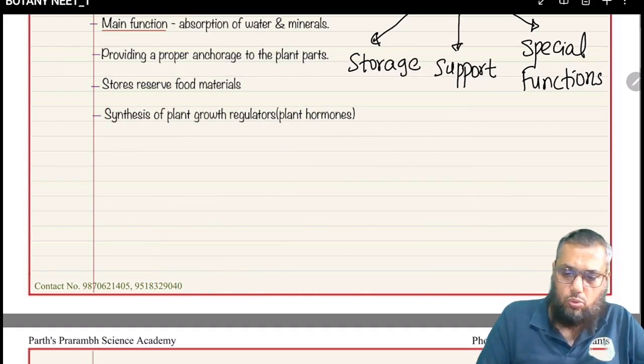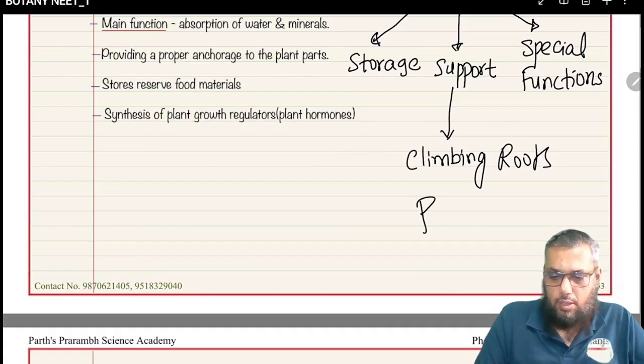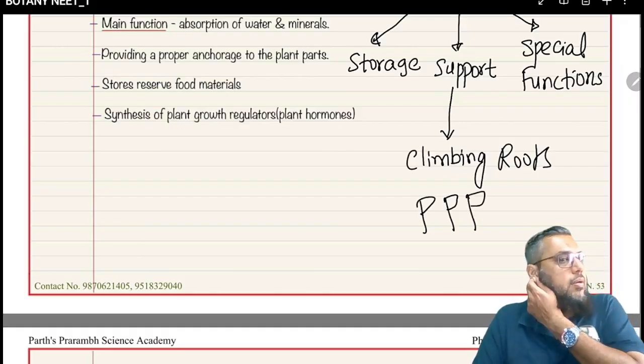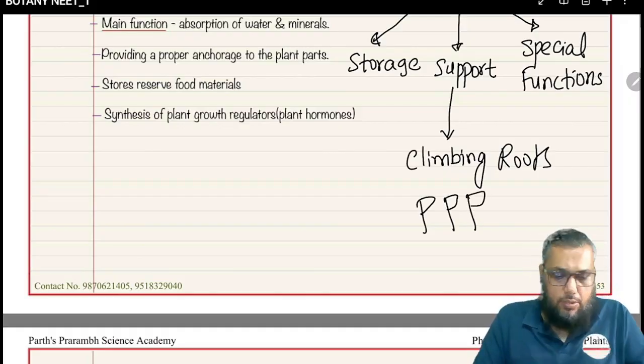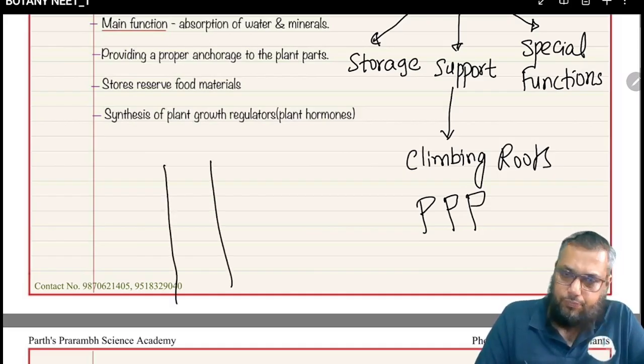Also, for support, you can see the climbing roots of pothos, money plant, piper nigrum, and piper betel, काली मिर्च है betel. जहां पे समझो कोई एक ऐसा सपोर्ट है.